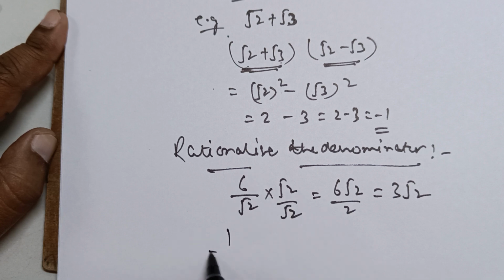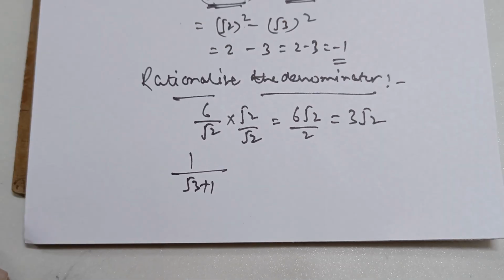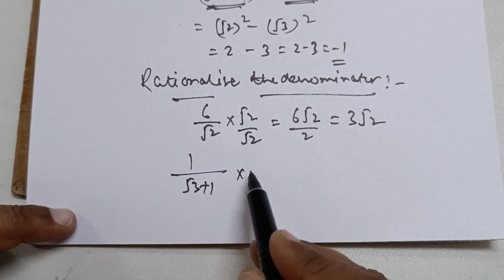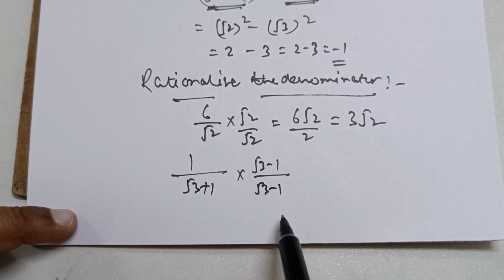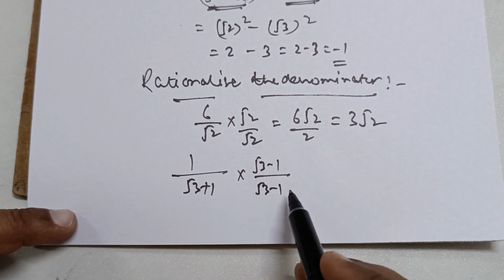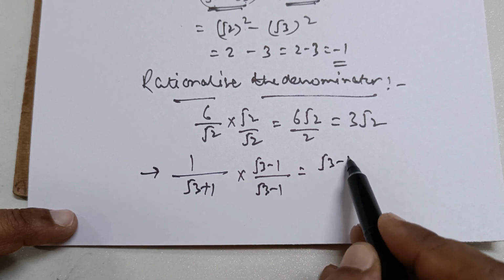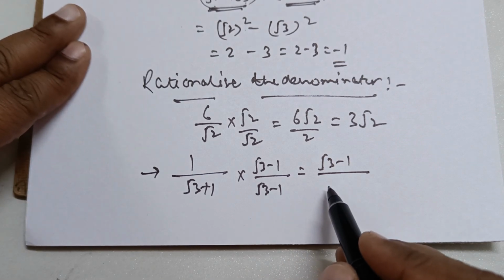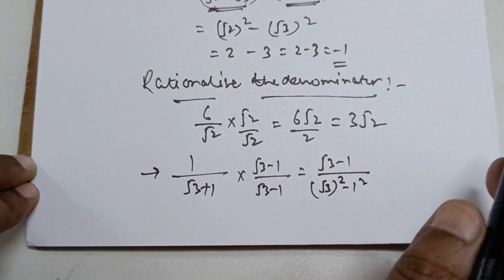Similarly, suppose we have 1 upon square root 3 plus 1, and we want to rationalize the denominator. We have to multiply both the numerator and denominator by its conjugate, which is root 3 minus 1. So in the numerator we got root 3 minus 1, in the denominator we got a plus b, a minus b, which is a square minus b square.